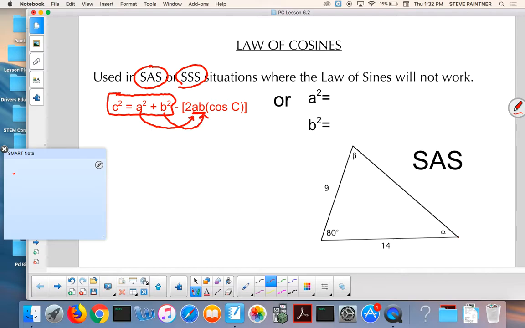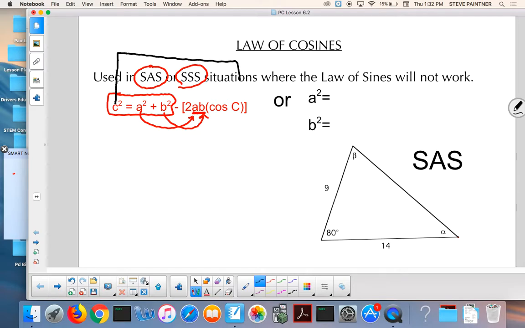Now, I want you to notice one thing. On the outsides you have the same letter. This is your side squared, and this is cosine of c. They go together. When you're looking for c, you'll use this. If you're looking for the angle c, you'll still use this formula. But what if you're looking for b?